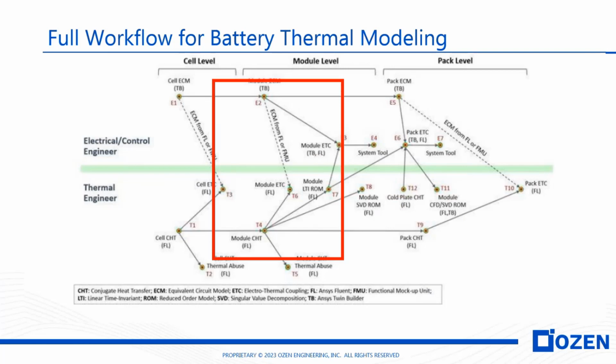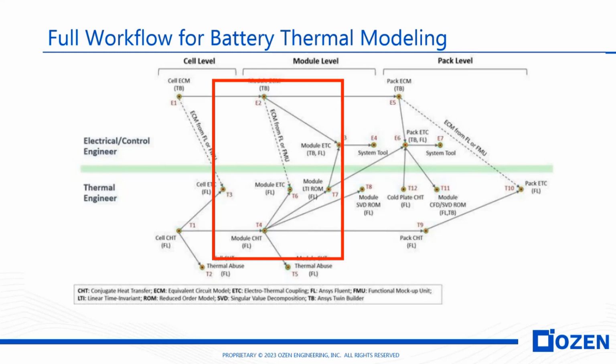So now, let's start talking a little bit about battery thermal modeling. This chart I took from the Ansys Learning Hub, and I'd suggest all of you go there if you have an account. It shows Ansys's approach to battery thermal modeling. If we look at this chart, you can see different nodes, called like E1, T4.